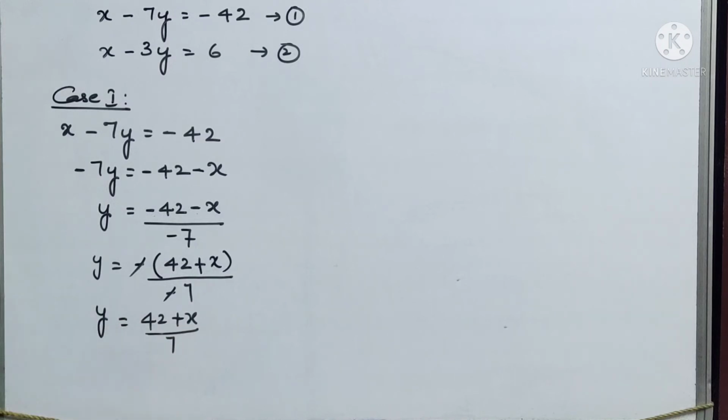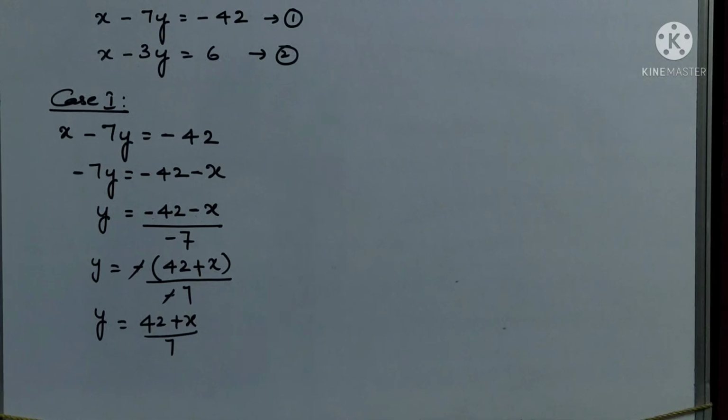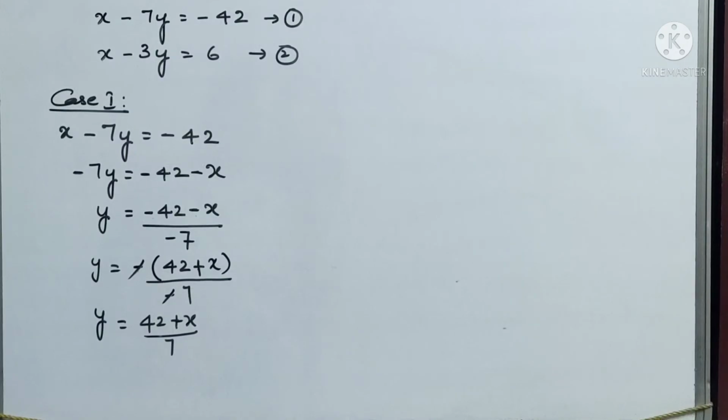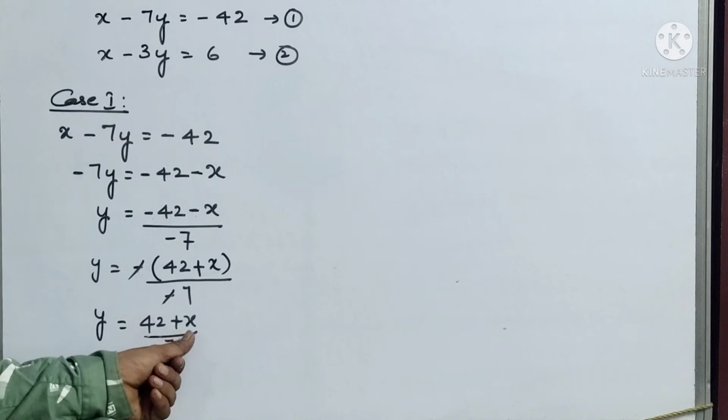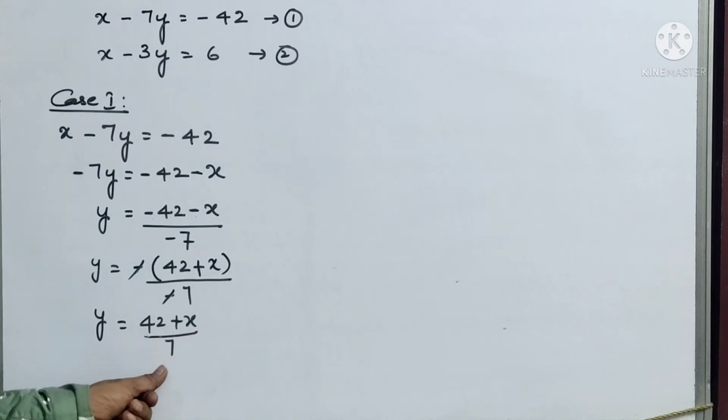So we are taking here, okay, listen children, here y equals to 42 plus x by 7. As I told you that when you are taking any x value, see that it is going to be divisible by 7, so you will get an exact figure.